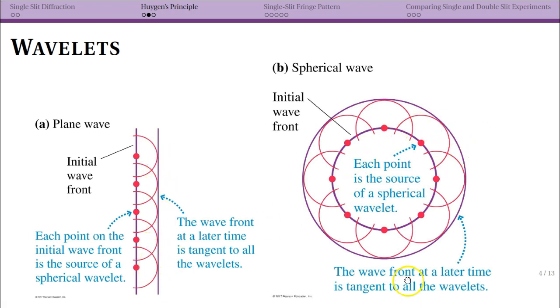We can do the same thing with a spherical wave in 3D or circular wave if it's 2D, where we have one wavefront at one moment in time. We drop down points representing sources of our wavelets. We then let those little circular wavelets expand outwards, and we again draw our new wavefront being tangent to all of those wavelets.